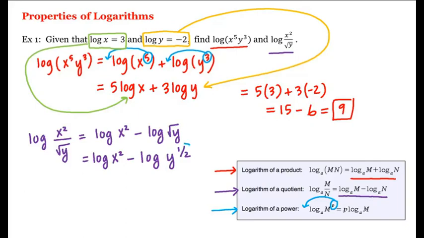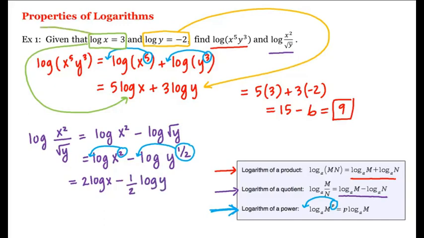We wanted to write both of these expressions with powers so that we can bring these powers down in front of the log by this logarithm of a power property down here. That is, this is equal to 2 times log of x minus 1/2 times log of y.